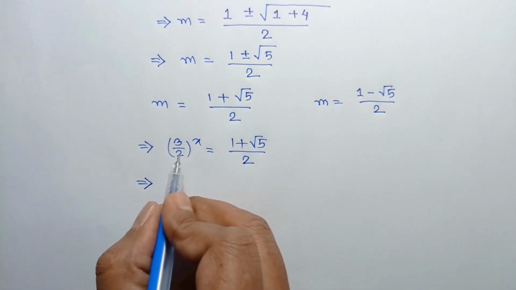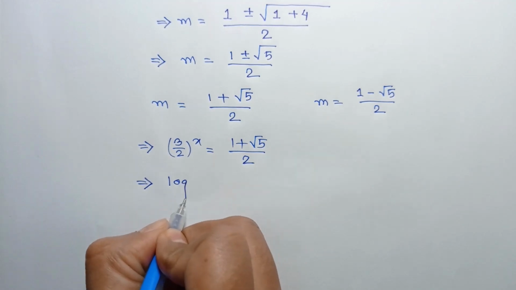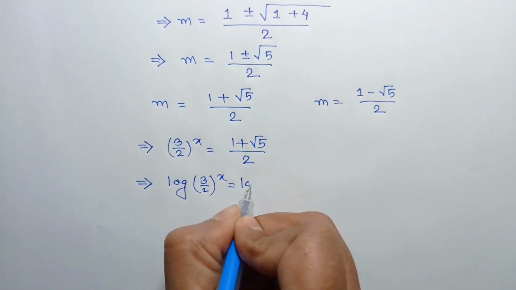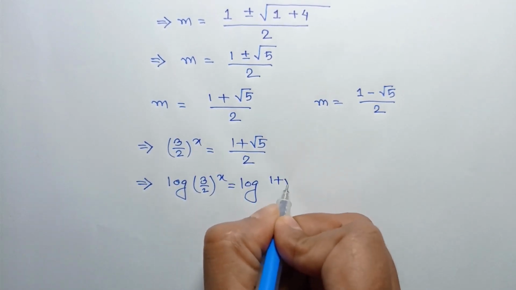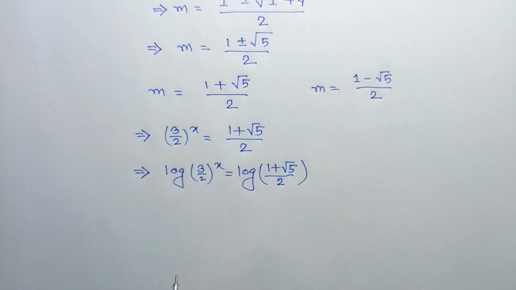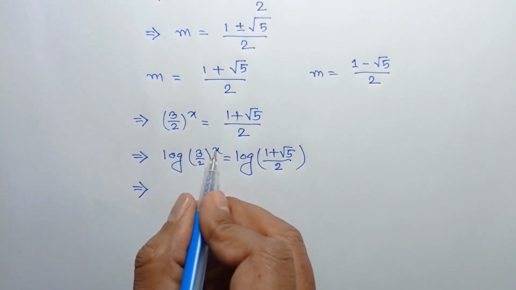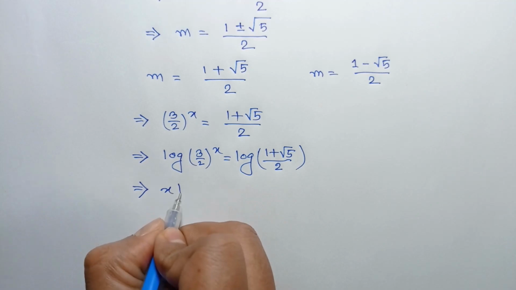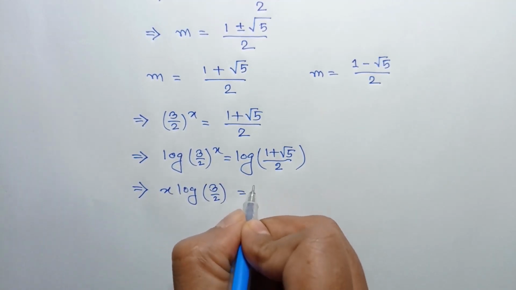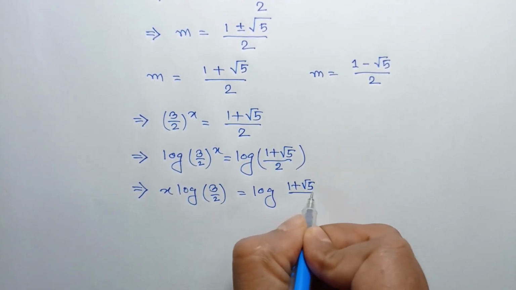Taking log to both sides, we can write log of (3 over 2) to the power x is equal to log of (1 plus square root of 5) over 2. According to the law of logarithm, we can write it as x log 3 over 2 is equal to log of (1 plus square root of 5) over 2.